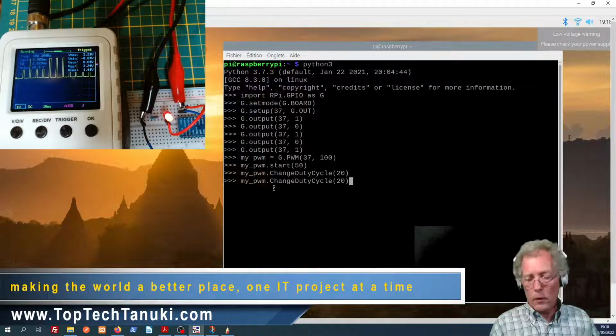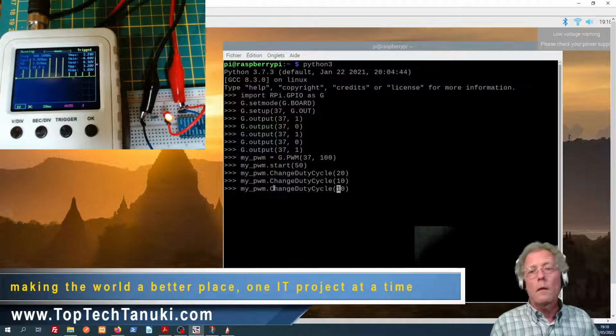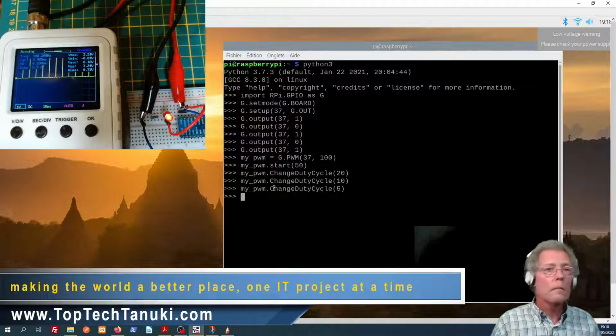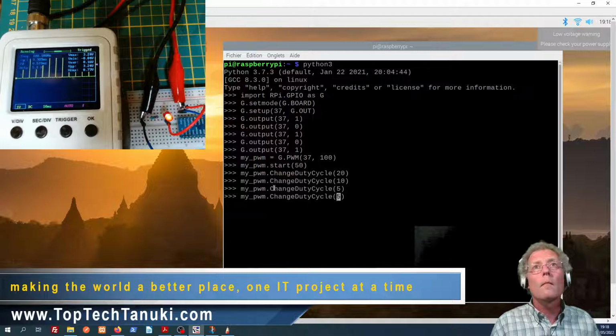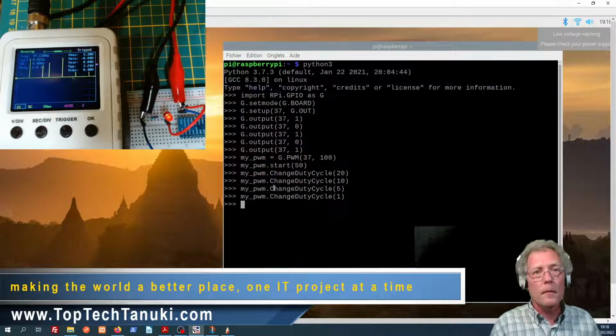Okay, if we go still lower here, then yeah, 5. Okay, it's decreasing. 1. No, it's dimmed. Okay.